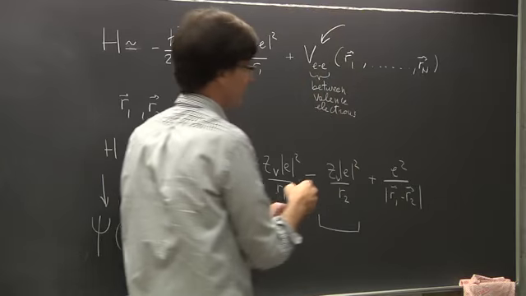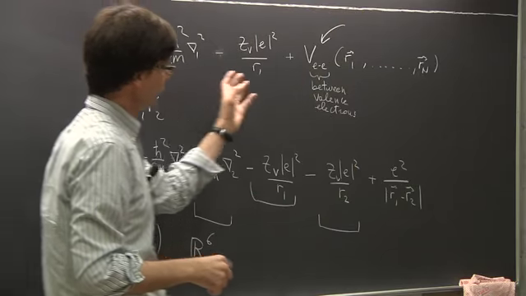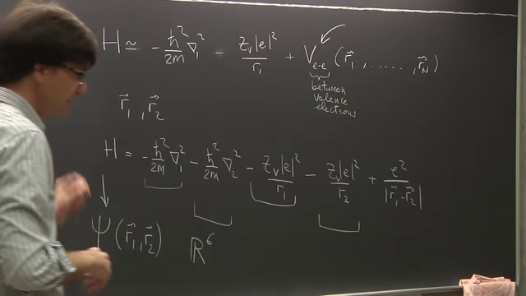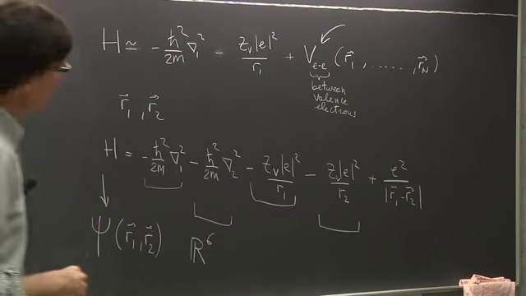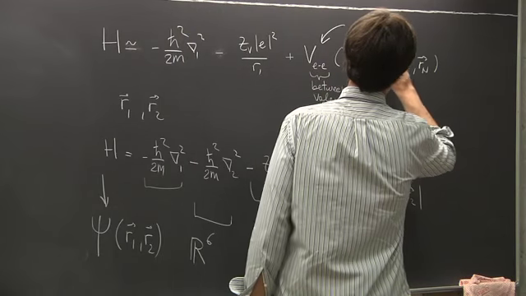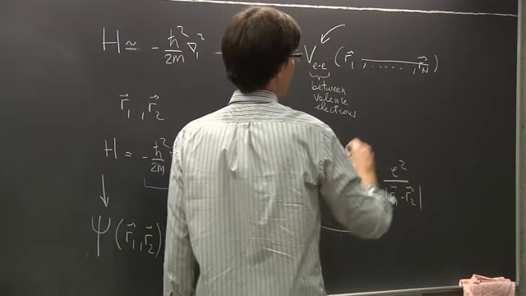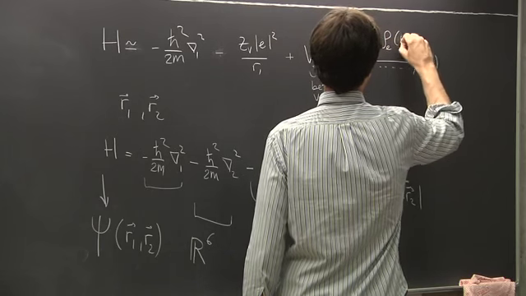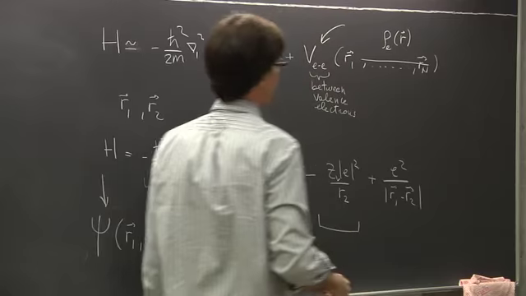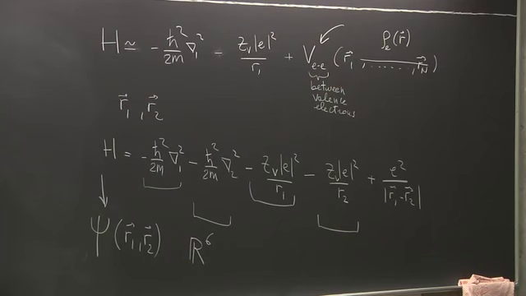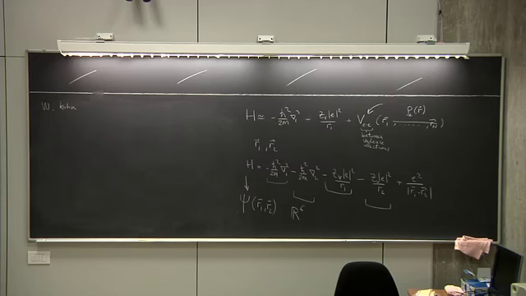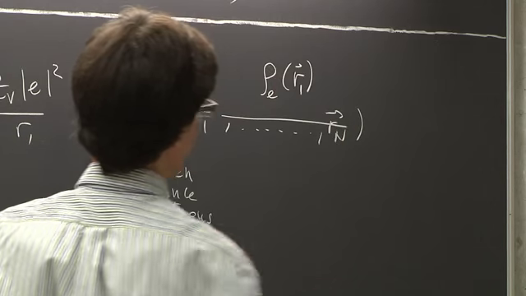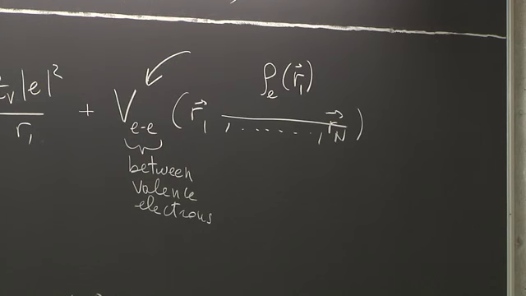So this would be the exact statement. The Hamiltonian contains this particle as well as all the other ones. The theorem states the following. You can remove all this and replace it with the total charge density of the electrons at point R1, because that's the position of the particle.